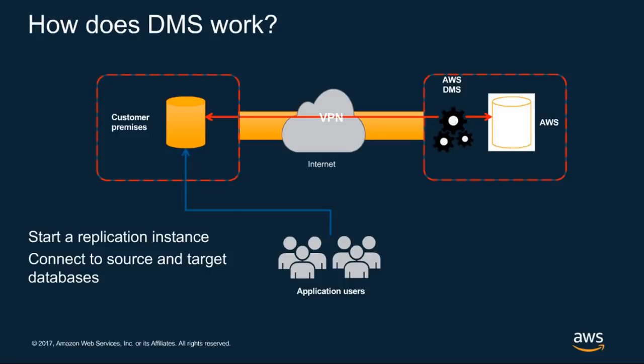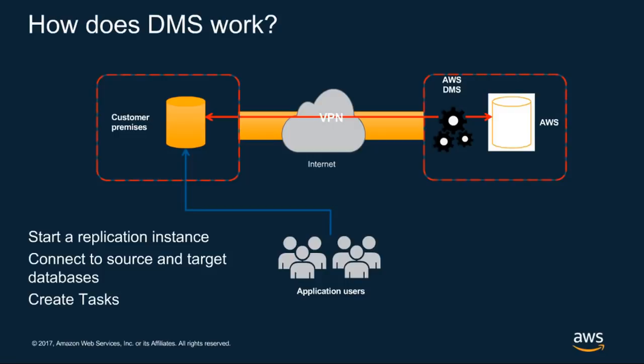One is called the source endpoint, and the other is called the target endpoint. You can create an endpoint connection test from the replication instance that you created in step one, and make sure that your replication instance is able to connect to the source and to the target at a given point in time.